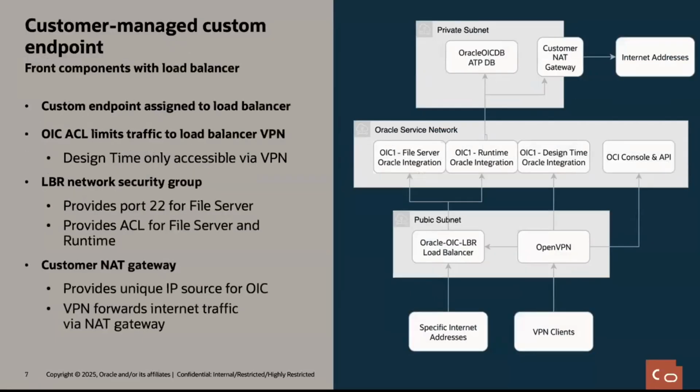We can use a customer managed custom endpoint, assign that to the load balancer. That gives us restricted access with up to 200 access control list items or more, depending on how you set up your rules in the load balancer, in the network security groups, in the VCN. Also, I should point out that this allows you to start adding rules, for example, I only want traffic from this geolocation.